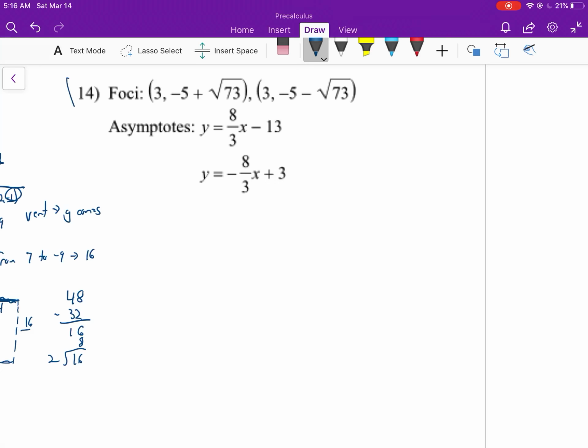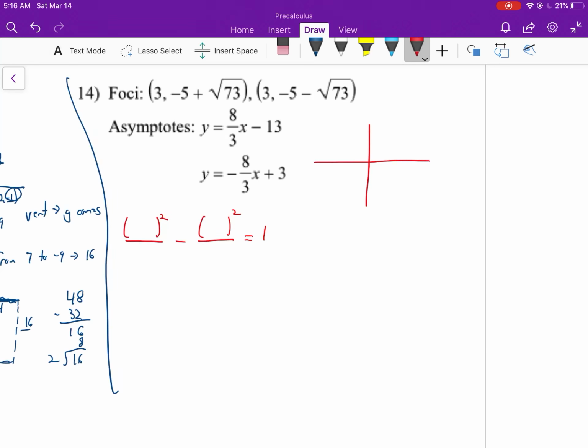We know this is a hyperbola, so let's go ahead and get started with our equation. We'll need to find 4 pieces of information. So let's go ahead and start with this focus. The focus, we're going to just sketch the idea to help us out.